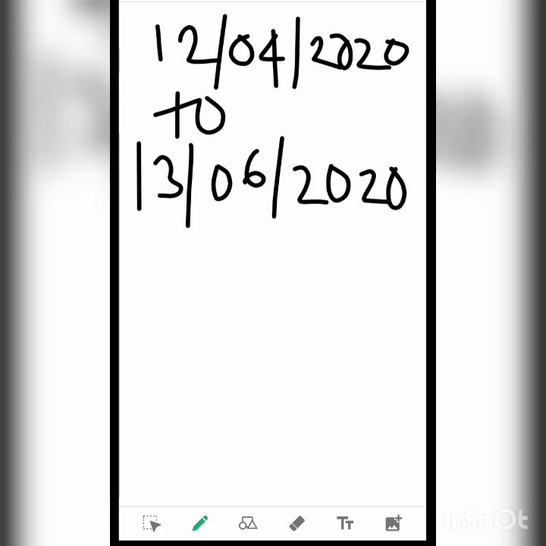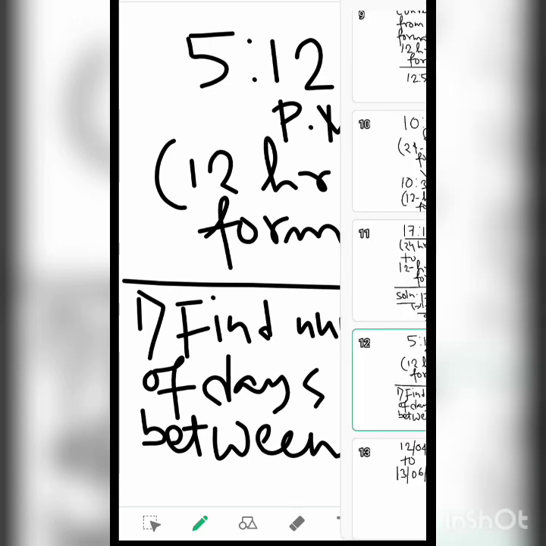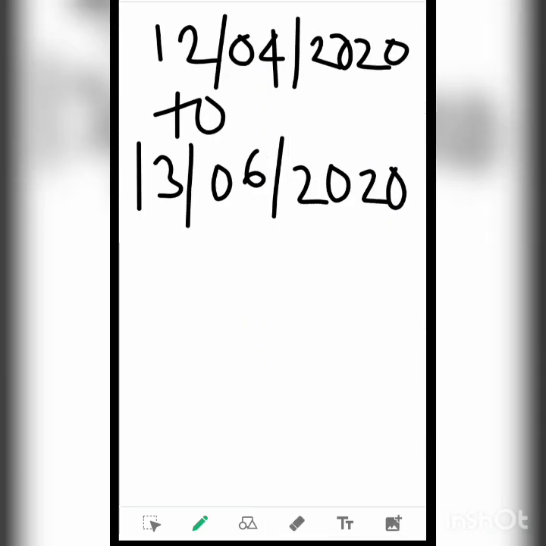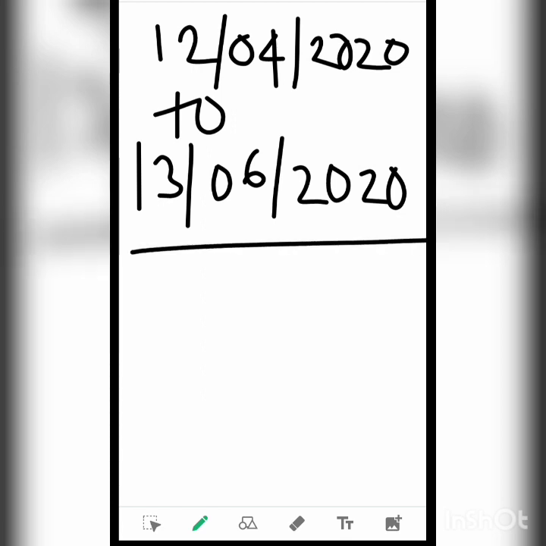Let me read the question once again. Suppose you have been given to find the number of days between 12/4/2020 to 13/6/2020. So how will you begin your solution?